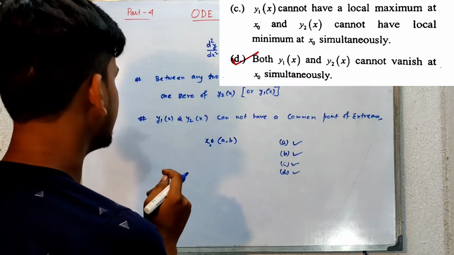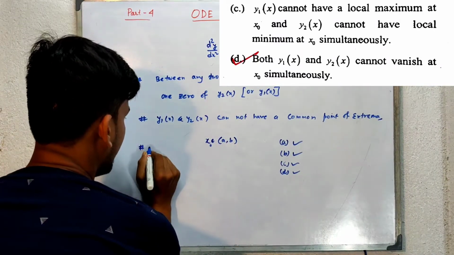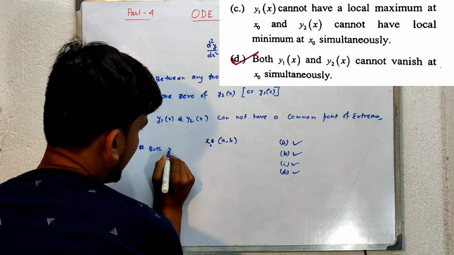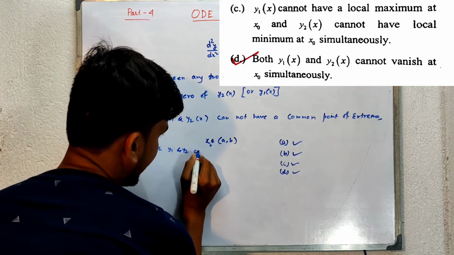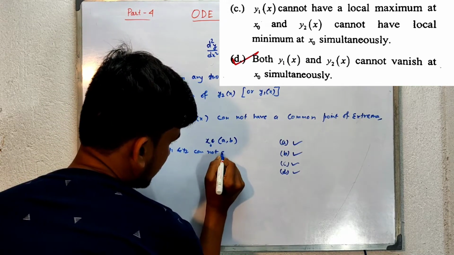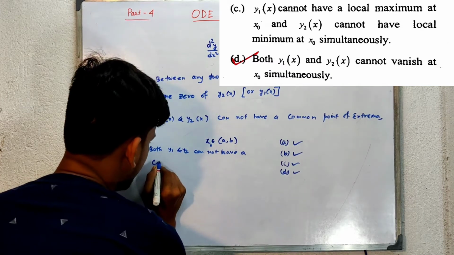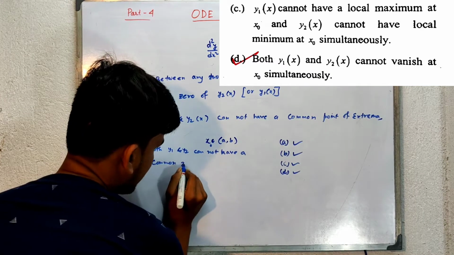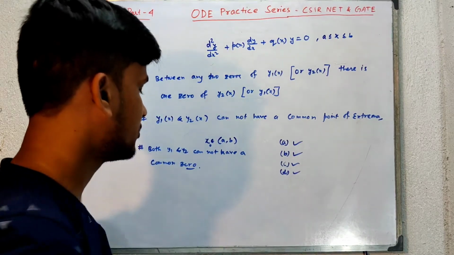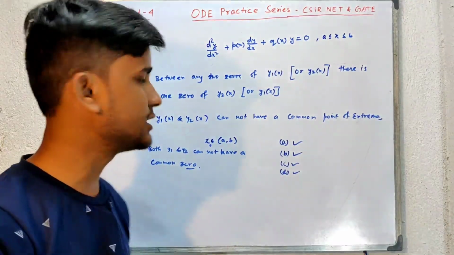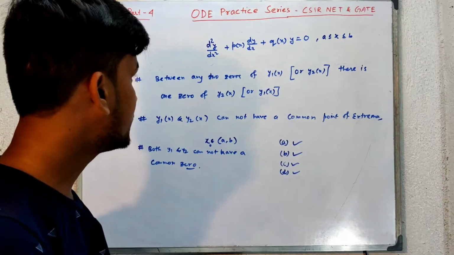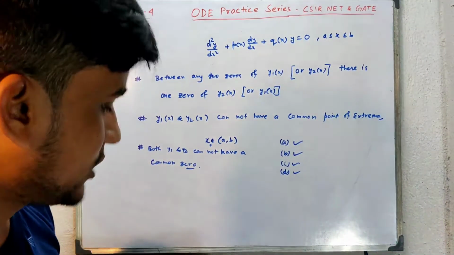There is another concept: both y1 and y2 cannot have a common zero. From these concepts this question is clear. So here A, B, C, D are all correct options. Now go to the next question.